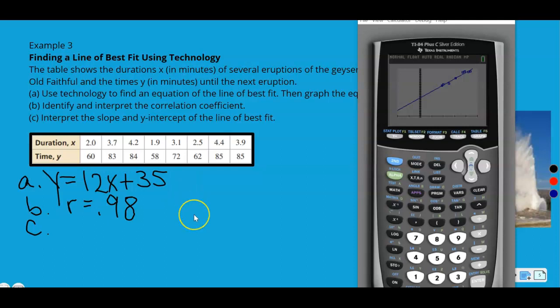So that would be how you would interpret the slope and the y-intercept of the line of best fit for Example 3. Hopefully you are getting familiar with your calculator. This is a very handy tool. Make sure you practice using it, as that is a world of difference in saving time.